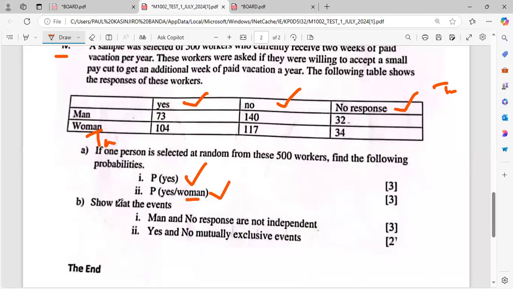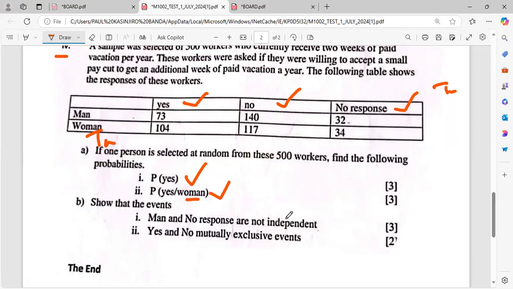So we've done this, and then let's solve for that last one here. They're saying show that the events man and no response are not independent, and show that the events yes and no are mutually exclusive.